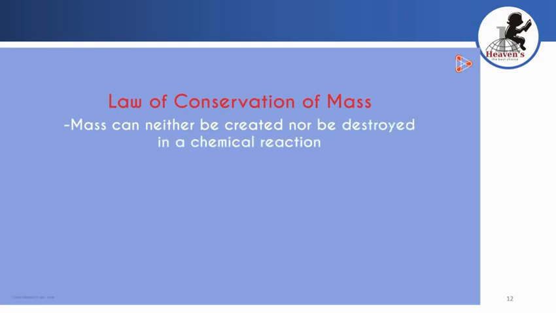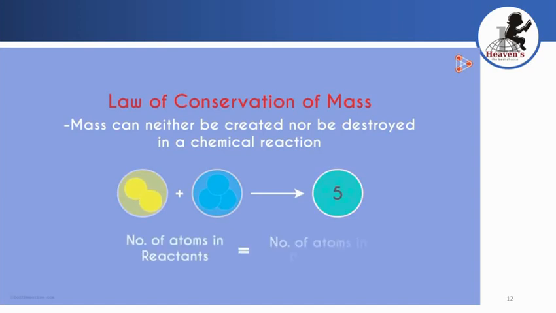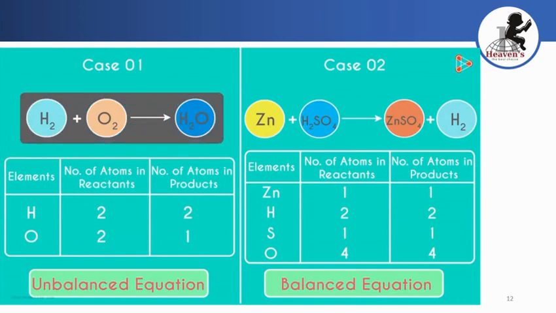What is the law of conservation of mass? Mass can neither be created nor destroyed in a chemical reaction. That means simply the number of atoms on the left hand side is equal to the number of atoms on the right hand side.